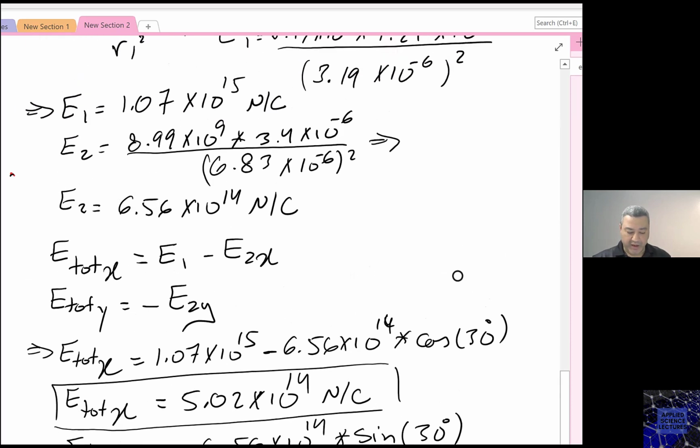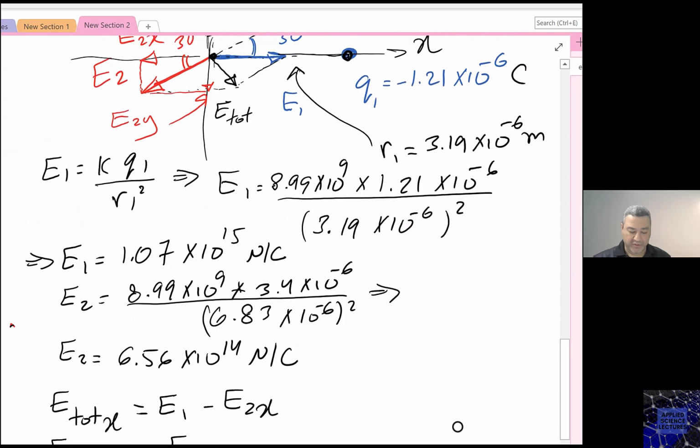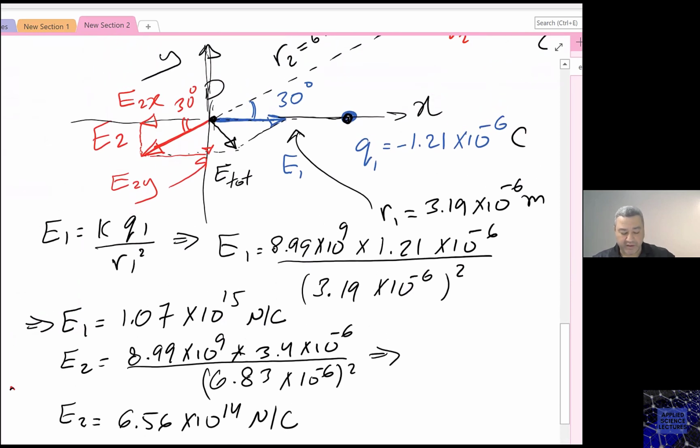Now, if I want to calculate, as you know, the vector, I need to calculate the angle as well. So in this case, I'm looking for this angle.